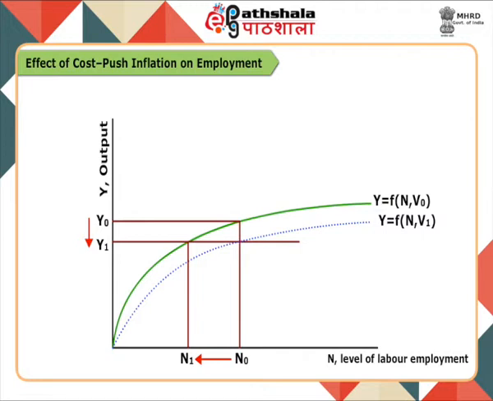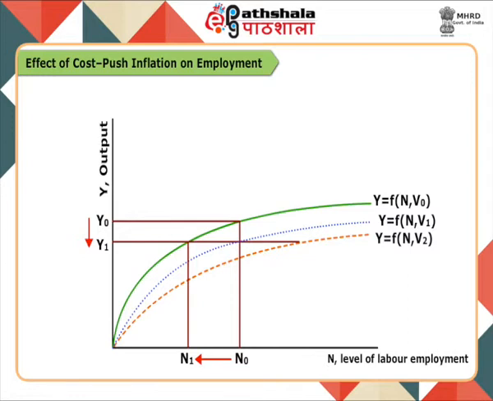In above diagram, the substitution effect is so large that production function shifts from Y = f(N, V0) to Y = f(N, V2). In this production function, V2 represents other factor inputs except labor, which once again is at fixed level and less than both V0 and V1.